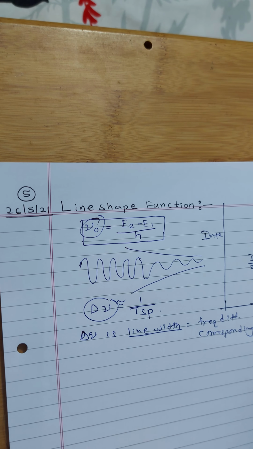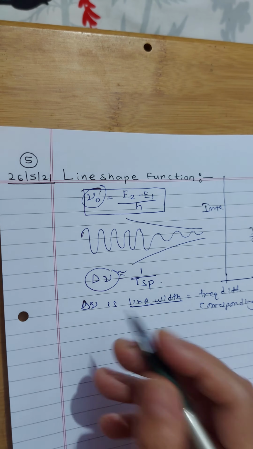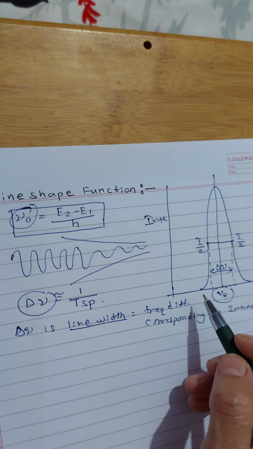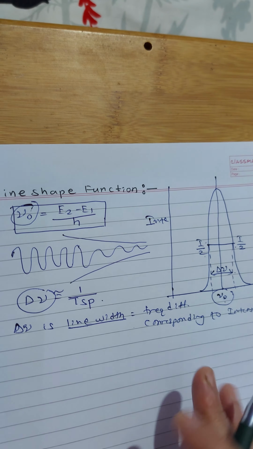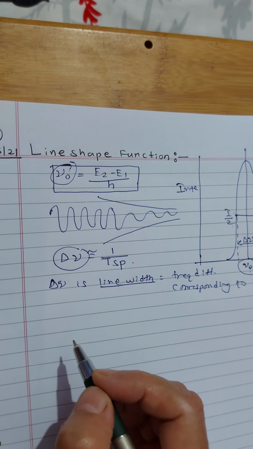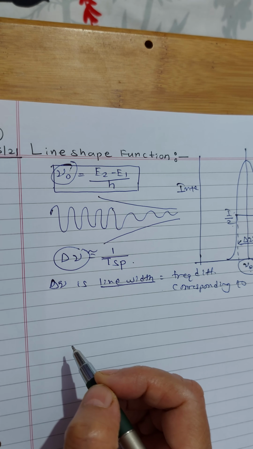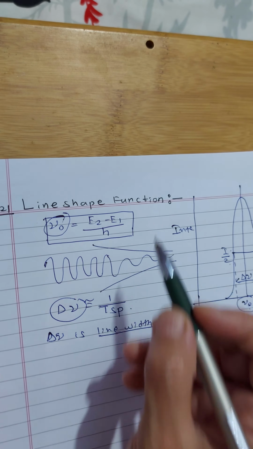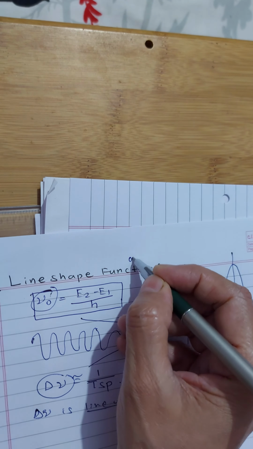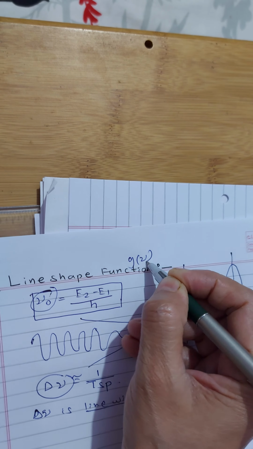Similarly, atoms are capable of absorbing light not just at a single frequency but over some band of frequencies, correct? So the shape of the curves is described by the line shape function, which is given by G nu.